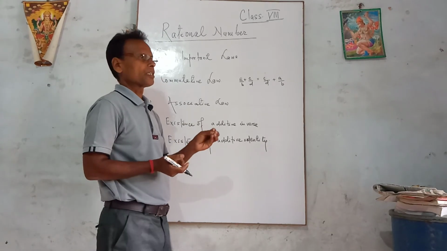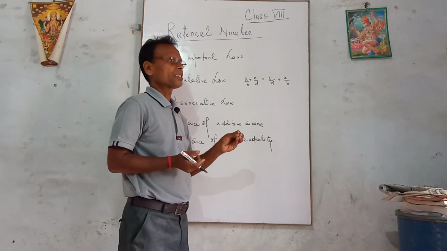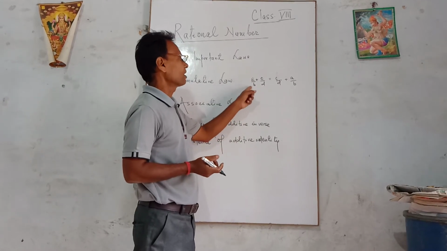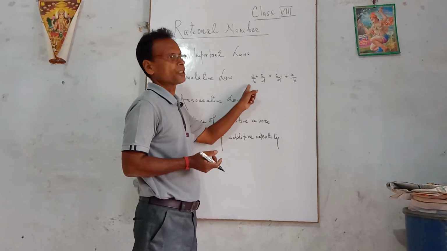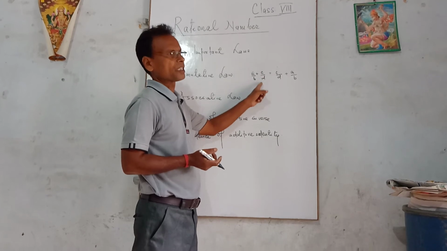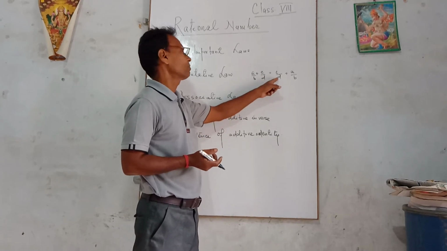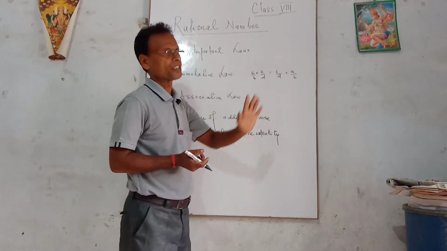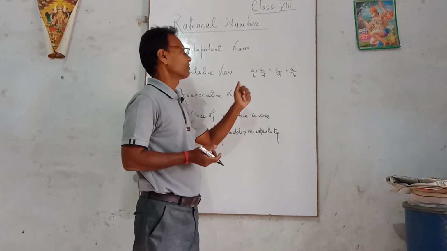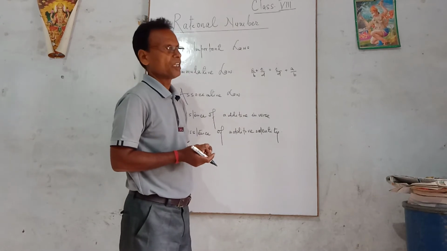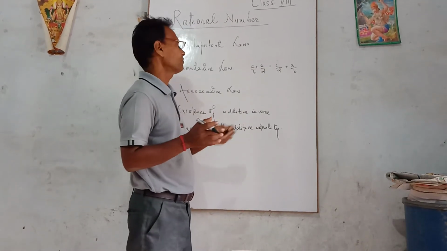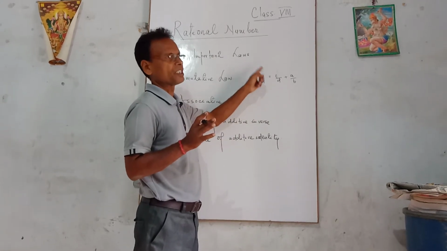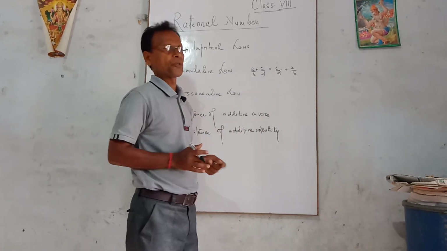It means that there is only a change in the place of the given rational numbers. First a by b and then c by d, equal to c by d plus a by b. There is only a change in the place of the given rational numbers. Hence, commutative law. If there is an example of this type, then it is considered commutative law.